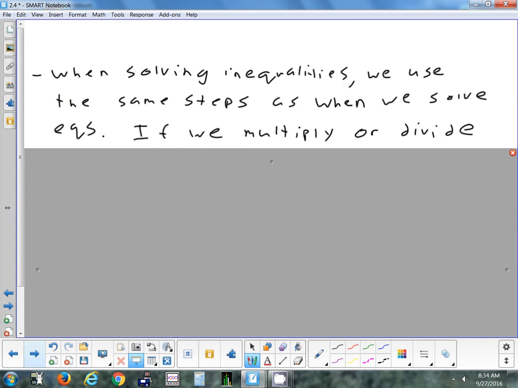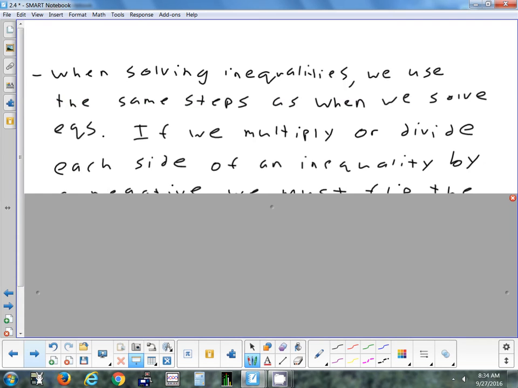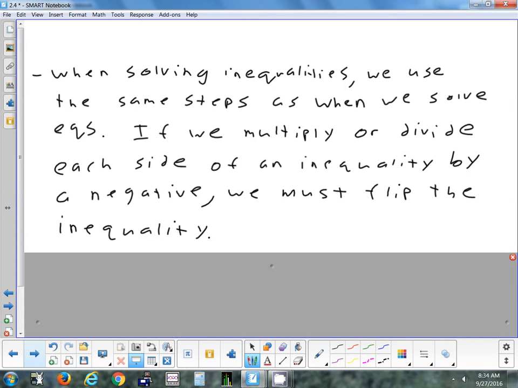Or multiply. Okay, if you either multiply or divide each side by a negative, then you have to flip the inequality. That's the only thing that's different. Don't forget to flip the inequality.